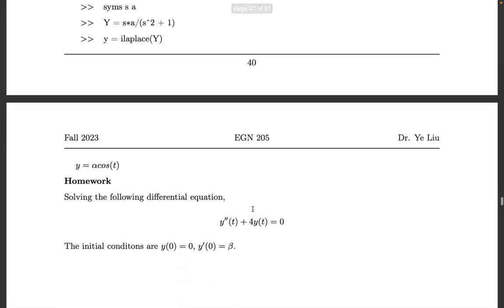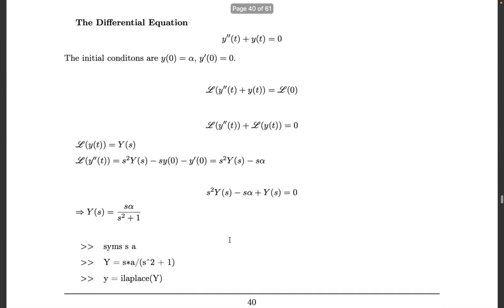Then for homework, this is also a second order differential equation: y double prime plus 4y(t) equals 0. The initial conditions are y(0) equals 0, y prime of 0 equals beta. So first, just like this, you need to write this process by hand.